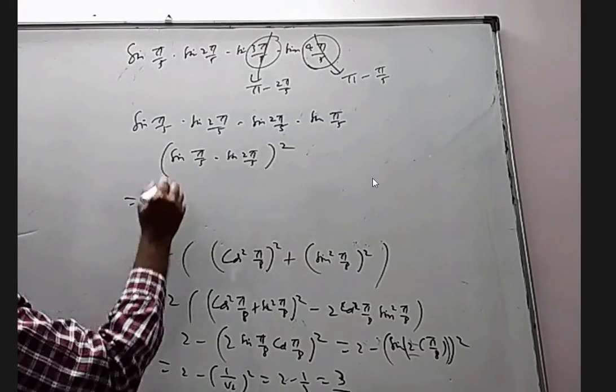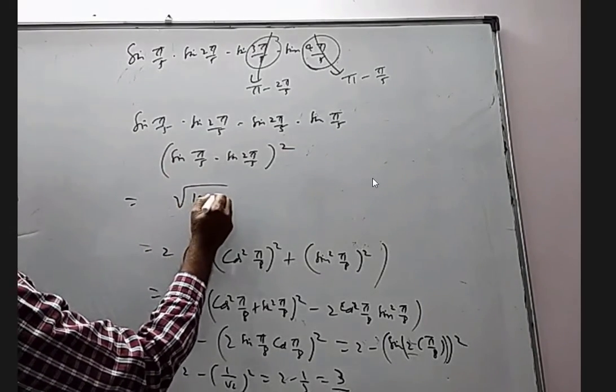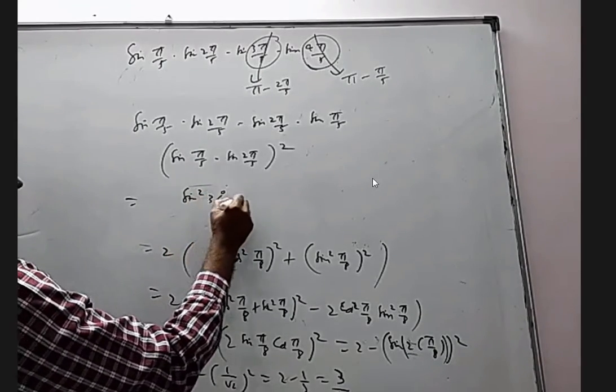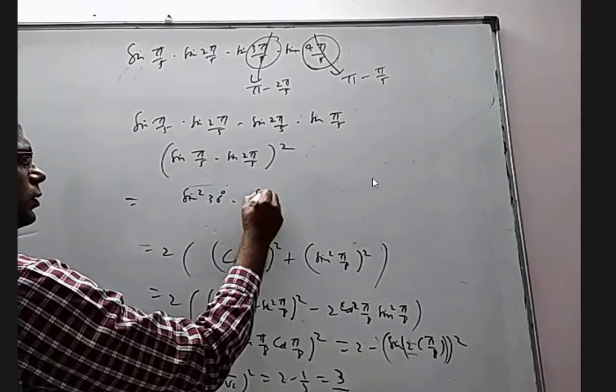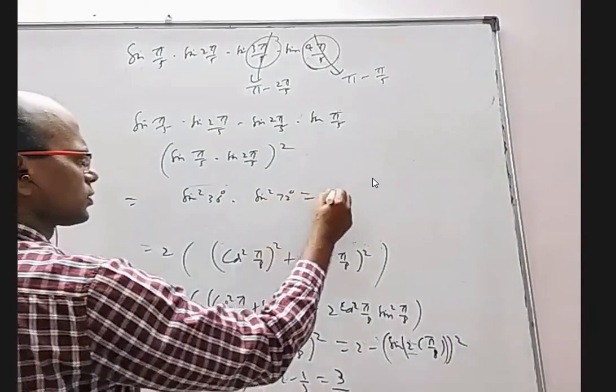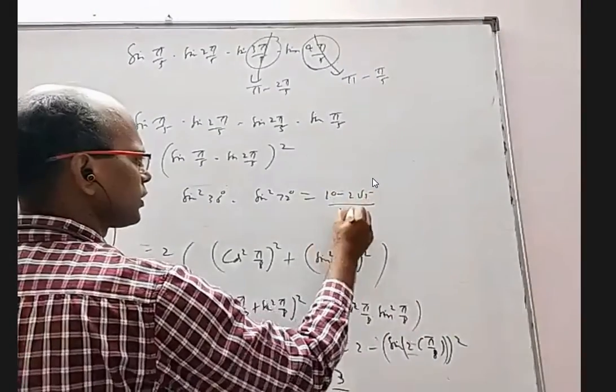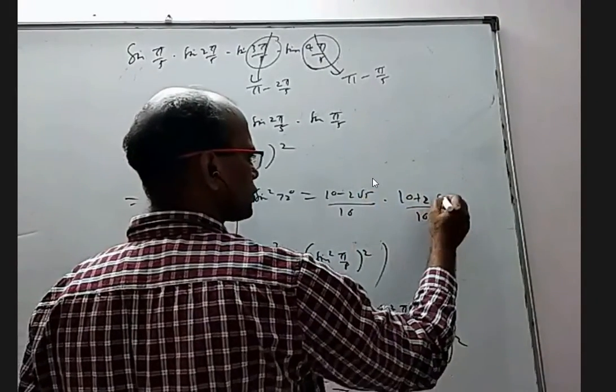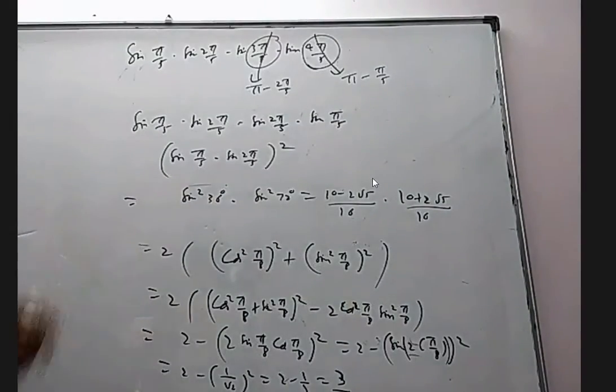This is root over 10 minus, let me write in degrees. This is sine square 36 degrees. This is sine square 72 degrees. This is 10 minus 2 root 5 by 16. This is 10 plus 2 root 5 by 16. Actually, under root is the formula, but square is this.